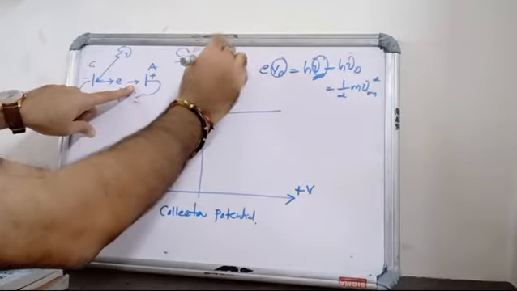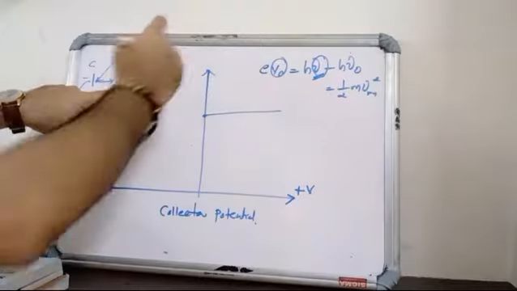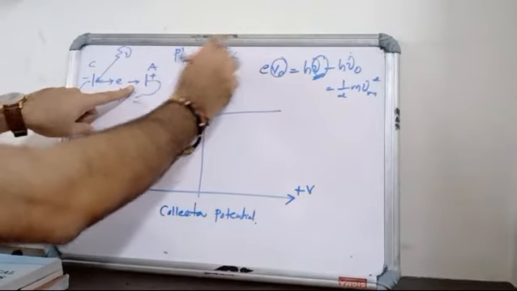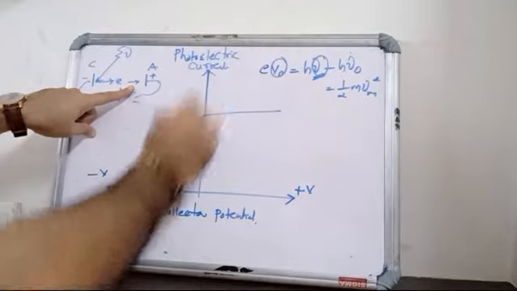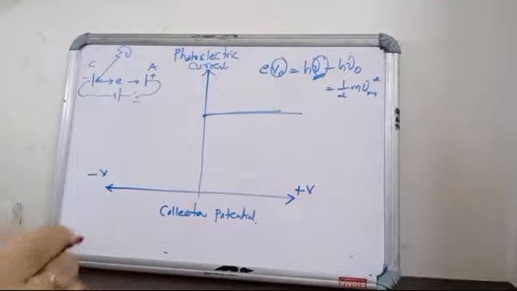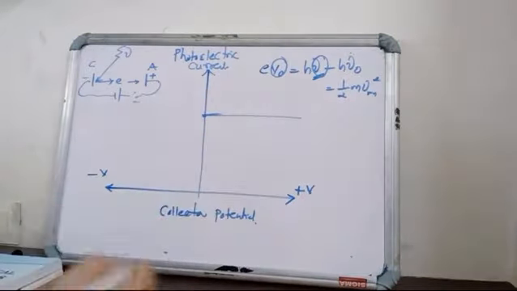This is the graph of photoelectric current versus collector potential, and this is the saturation current. It's a straight line.